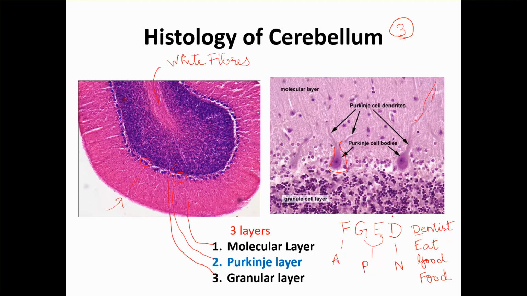So D, dentis, the lateral most, that is dentate, then eat, the emboliform. Globose, that's G over here, like glucose, globose, remember. And fastigial, that is food. So: dentis eat good food. Please remember the names of the nuclei, it's very important for you. However, I will not be able to ask you in histology, but it's something which is important to remember.